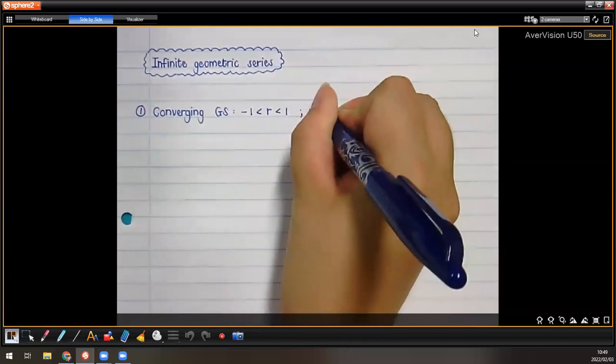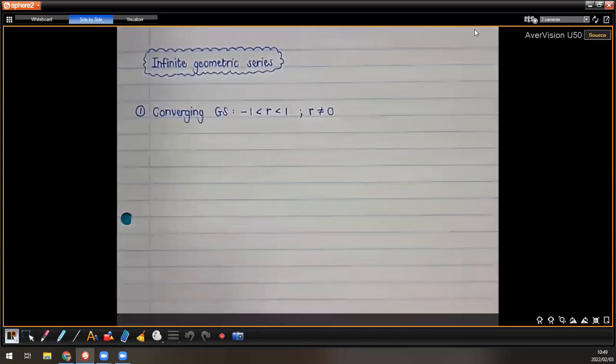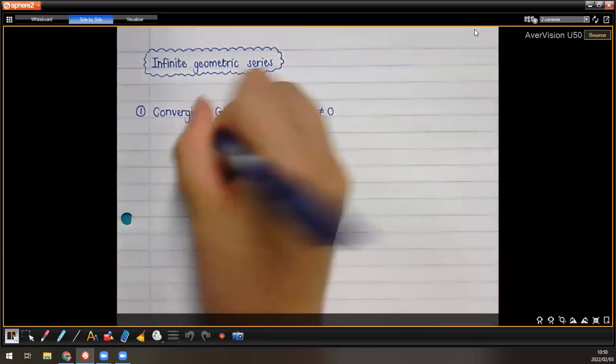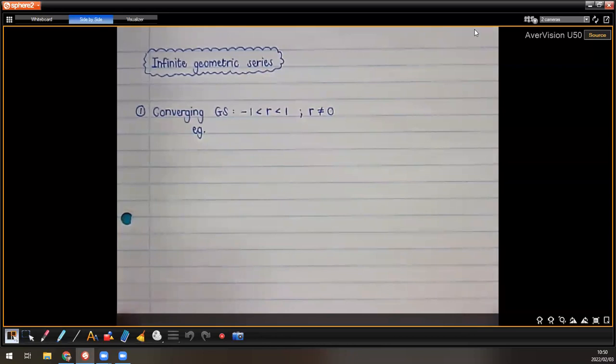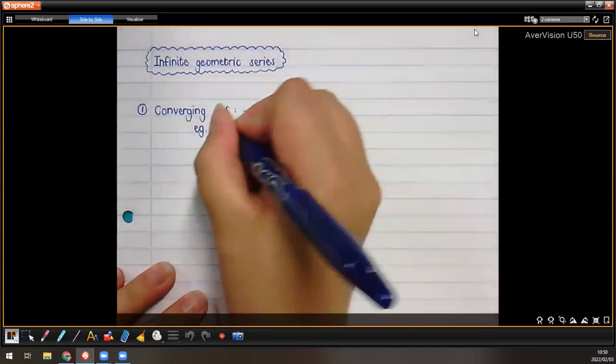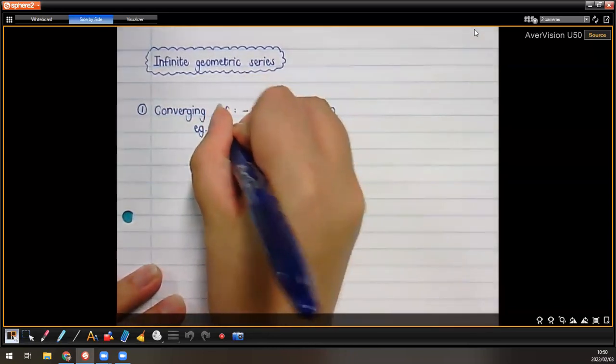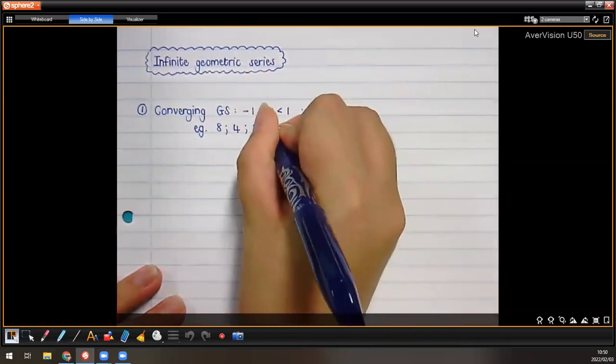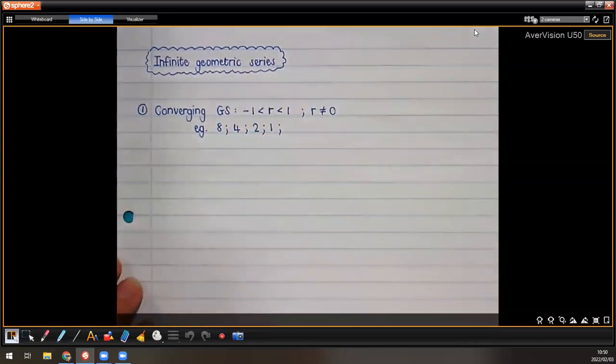I'll show you an example now. For example, we can have, say, the series 8, 4, 2, 1.